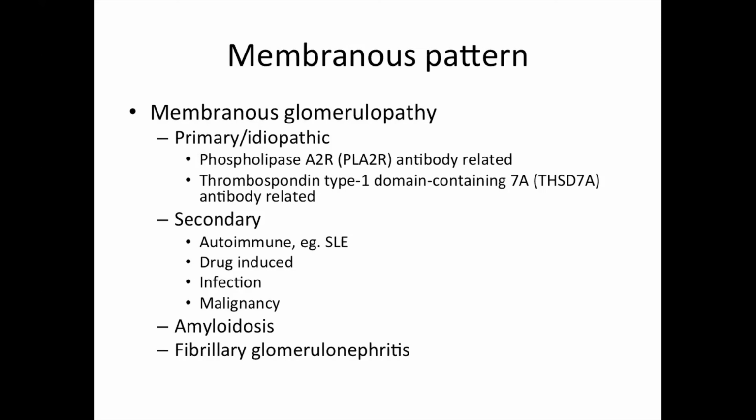Of course all of these, most likely in about 80% of the cases, will be negative for PLA2R. Amyloidosis very rarely gives us a membranous pattern, and fibrillary glomerulonephritis again very rarely.